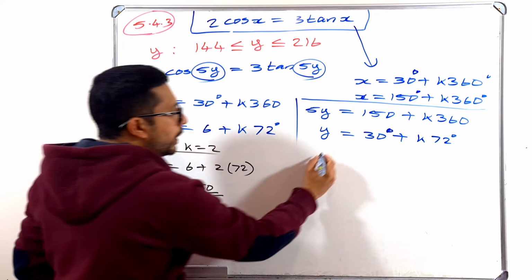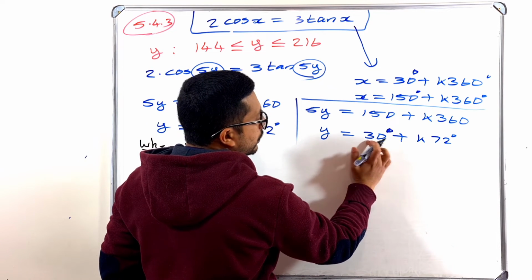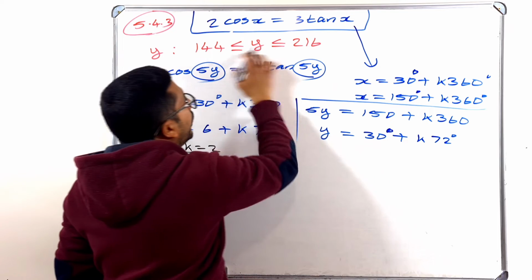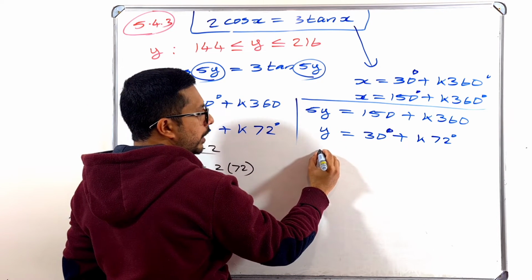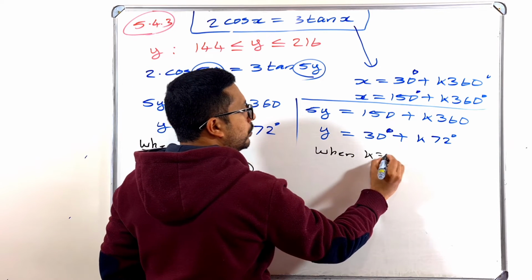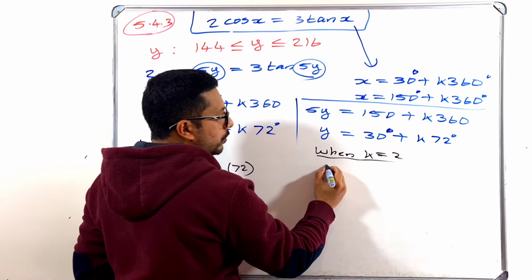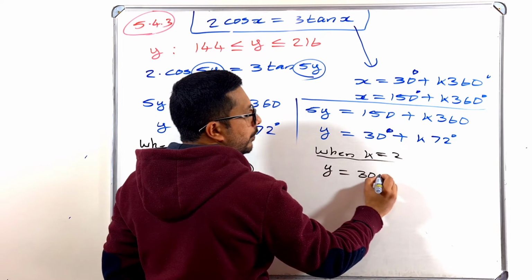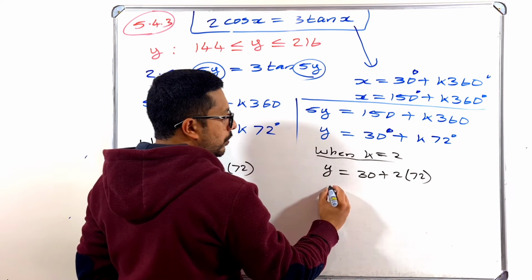Then here, which k value do we substitute so that we get a y value between 144 and 216? Let's try k equal to 2 here also. So y is equal to 30 plus 2 times 72.